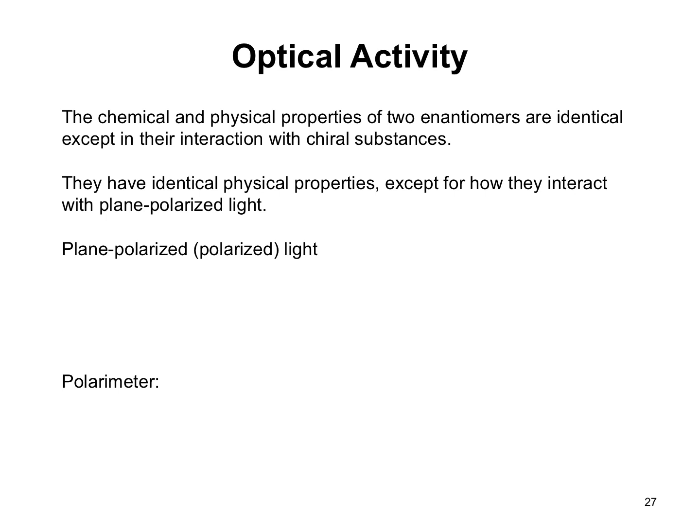Now, plane polarized light, which is sometimes shortened to polarized light, is light that has an electric vector that oscillates in a single plane.